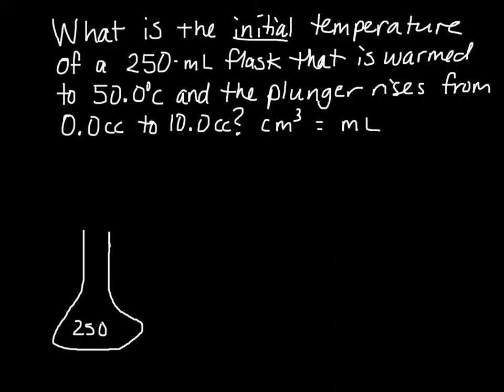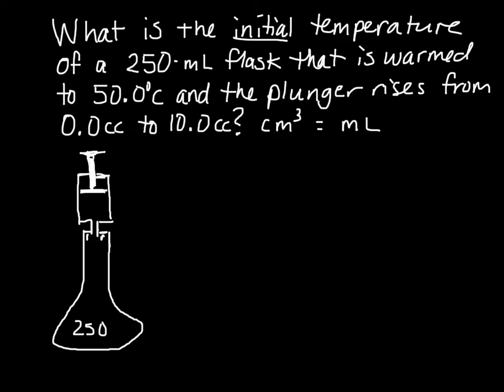And then in it, we're going to assume there's some sort of syringe probably stuck in there through a stopper or something like that. And then, if you've ever seen a syringe before, there's a plunger inside of it that looks something like this.